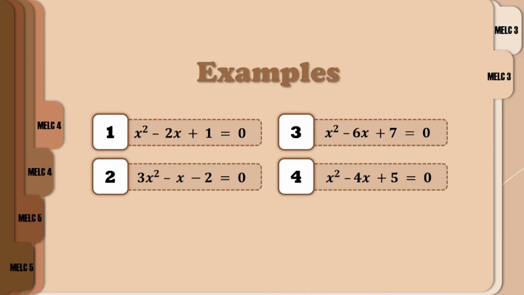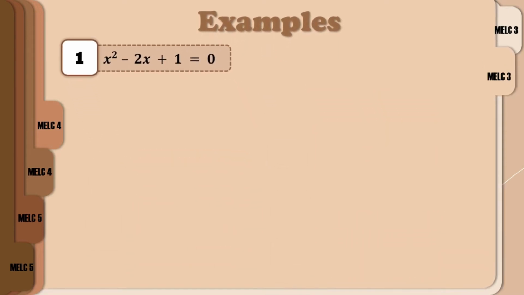Here are the 4 examples of quadratic equation na alamin natin ang nature of roots using the discriminant. So first example, we have x squared minus 2x plus 1 is equal to 0. So the first step na gagawin natin is alamin natin yung value ng a, b, and c. Remember, para mahanap ang a natin, hahanapin ito sa ating quadratic term, which is x squared.